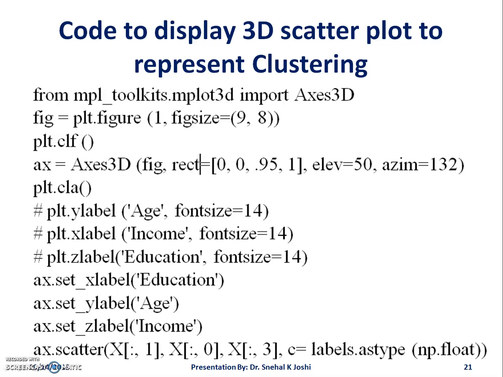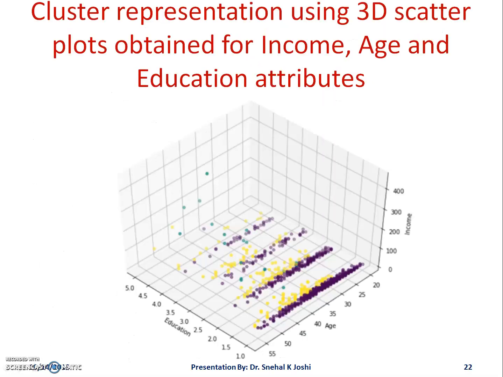We can term them as 3 clusters: good education and old-aged customers, middle-aged with middle income and middle education, and finally young-aged with low income and less education. Okay, so here we conclude the K-means algorithm, and you can see the plot that we have created in 3 dimensions against income, age, and education attributes.